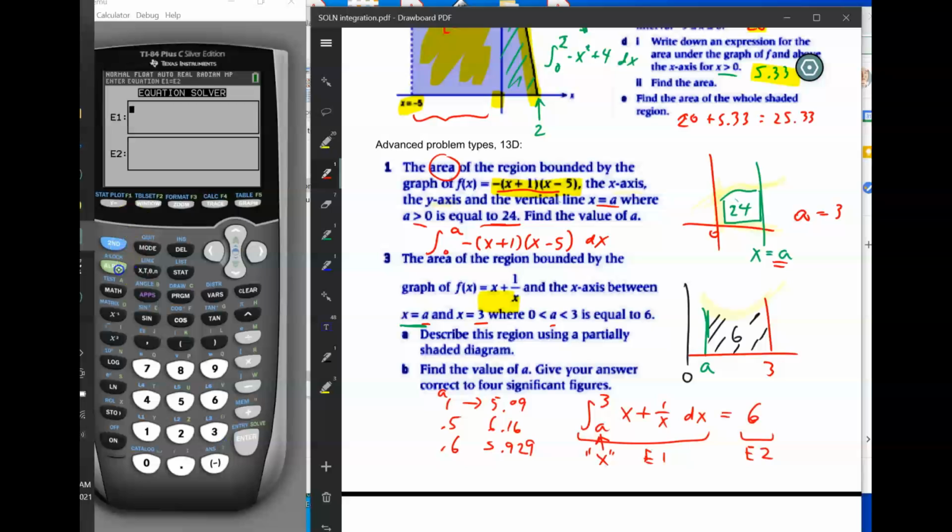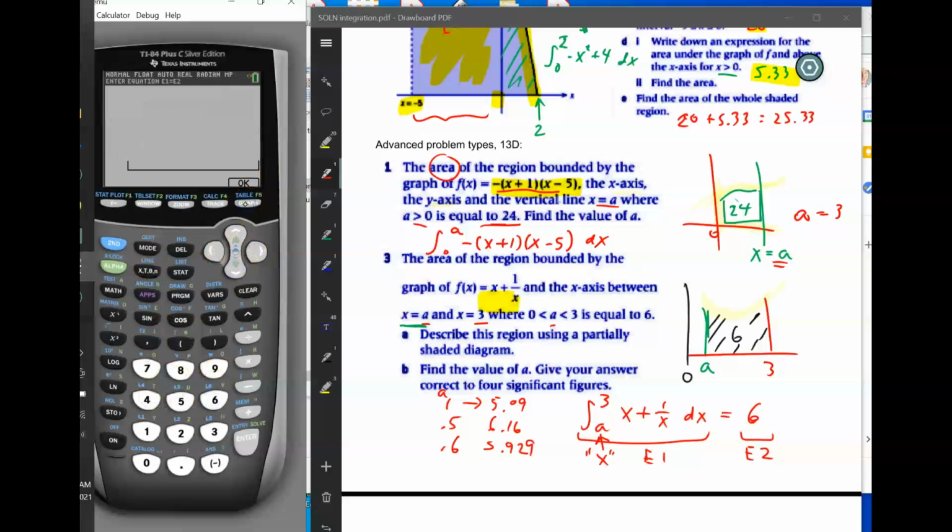We're going to do math, and then integral, which is 9. Then we put x, and for the top, we put 3. Inside, we put x plus 1 divided by x, and this variable is x. For E2, we just put 6.